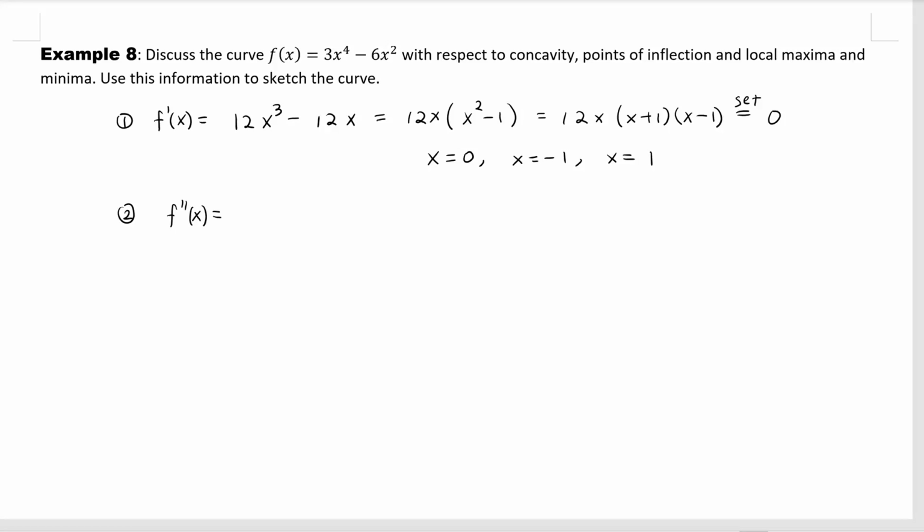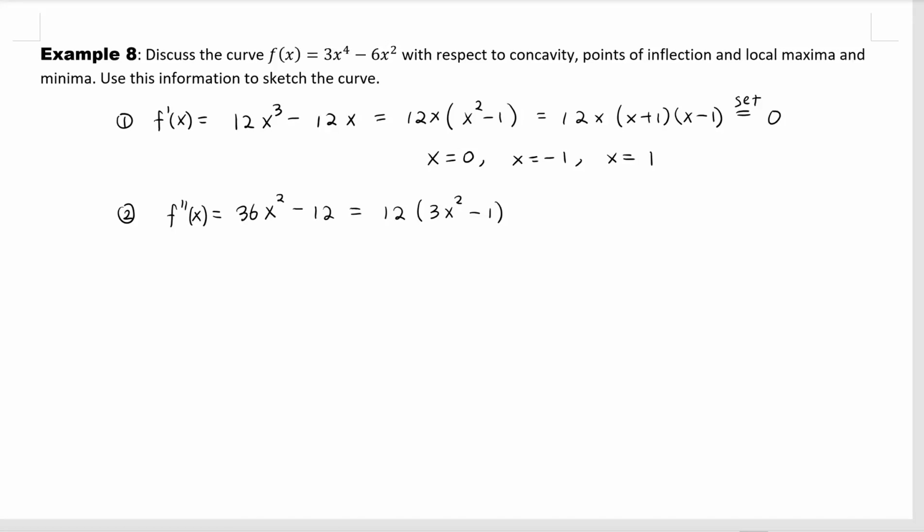You don't want to do product rule because you still need to multiply it out. So derivative of 12x cubed is 36x squared. Derivative of 12x is 12. And then we factor out 12. We get 3x squared minus 1.